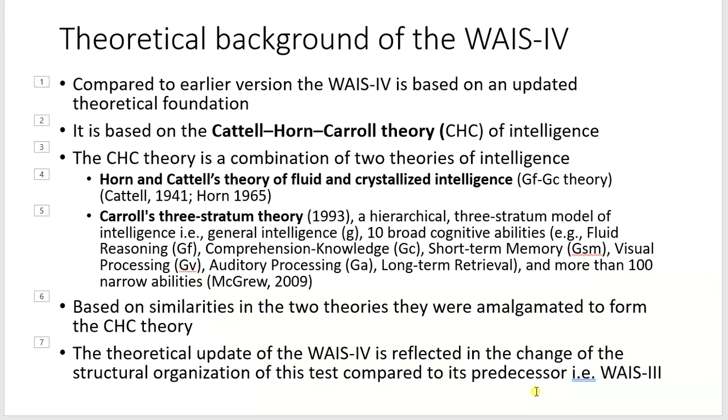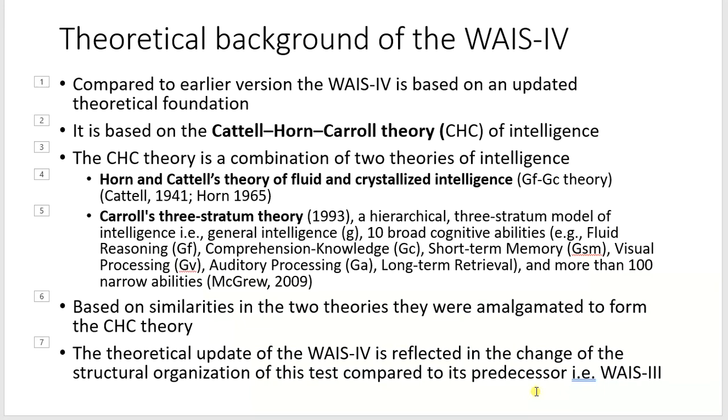So, based on the similarity, as you can see, Carroll's three-stratum theory also recognizes fluid intelligence as well as crystallized intelligence. For example, comprehension and knowledge will be part of crystallized intelligence.